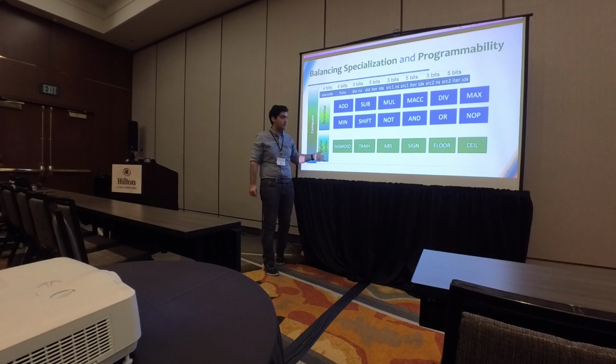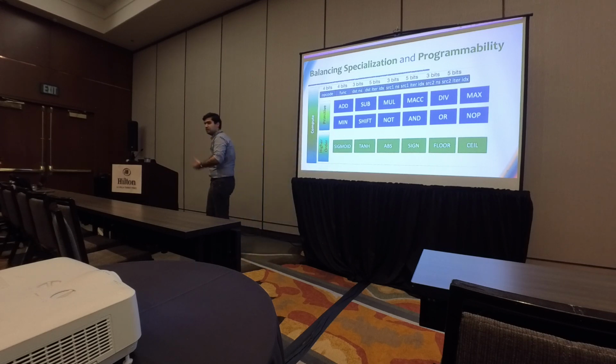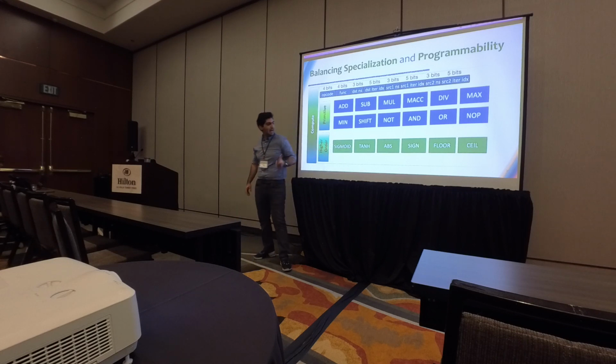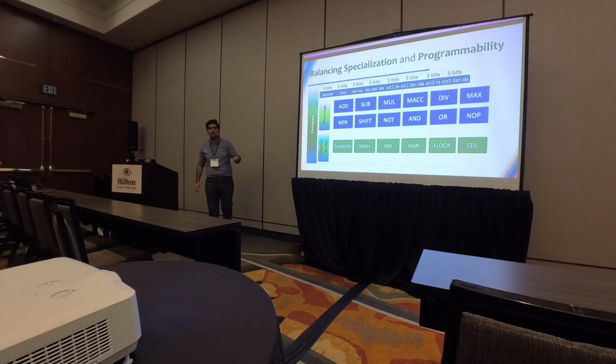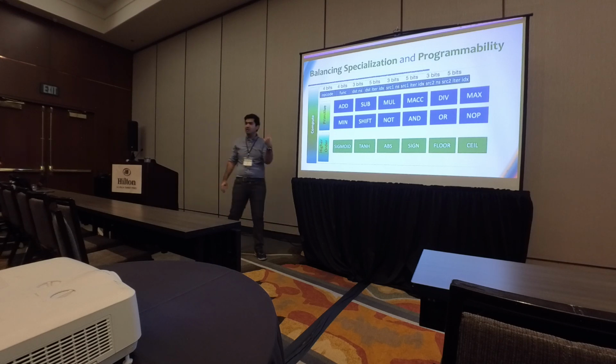We also have higher order operations such as sigmoid and tanh, which use lookup tables, and other operations such as abs, sign, floor, and ceil. These are the operations that were more frequent in the benchmarks we looked at, so we implemented them as higher order instructions that you can run with one instruction.